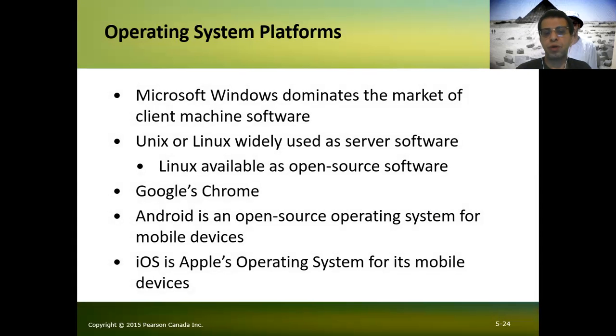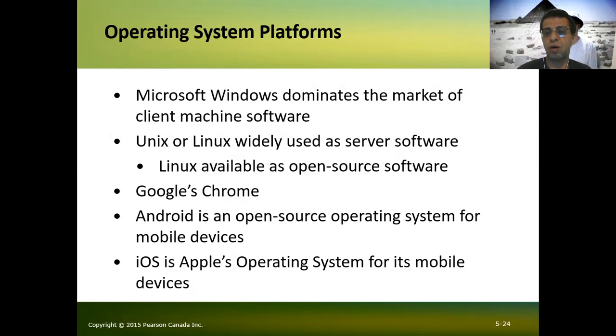And we have what you call the operating system platform, where Microsoft Windows dominates the market of client machine software. And then you have Unix and Linux, widely used as server software, because they are designed on the server side so you can manage them.